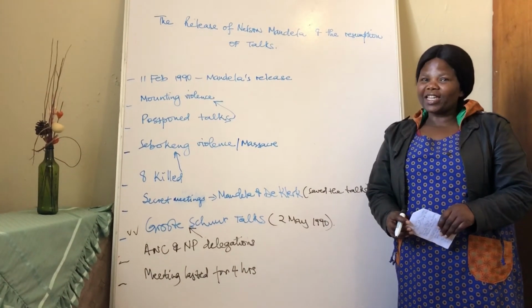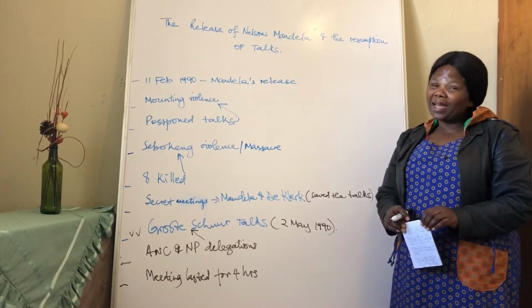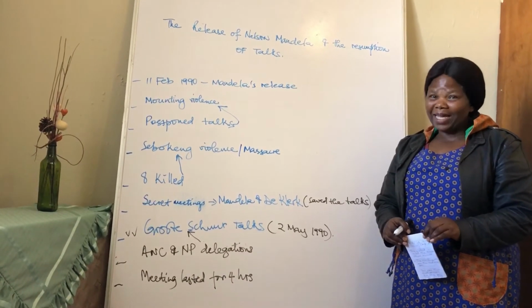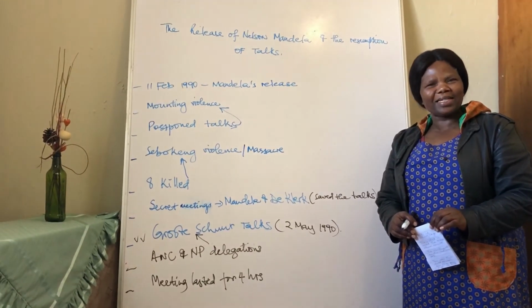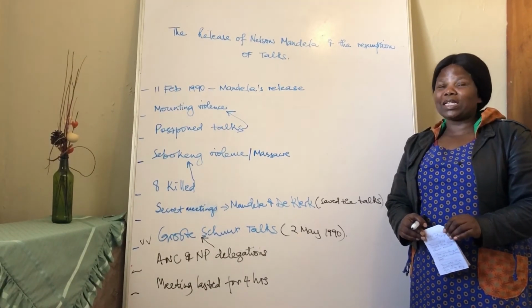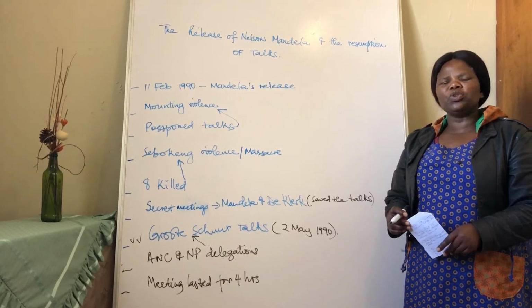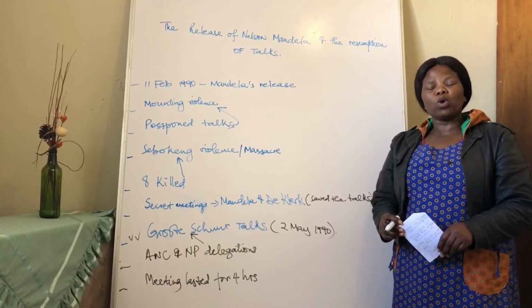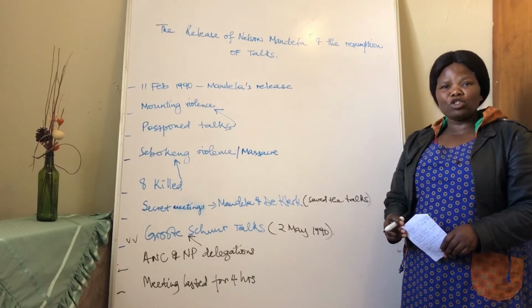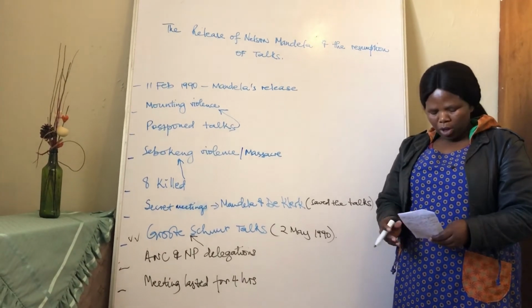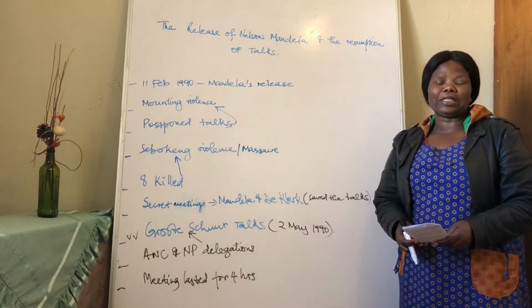The ANC delegation was led by none other than our dear Tata Rolihlahla Nelson Mandela. He was the leader of that ANC delegation, and amongst the delegation were people like Walter Sisulu, Alfred Nzo, Joe Slovo, and Thabo Mbeki.